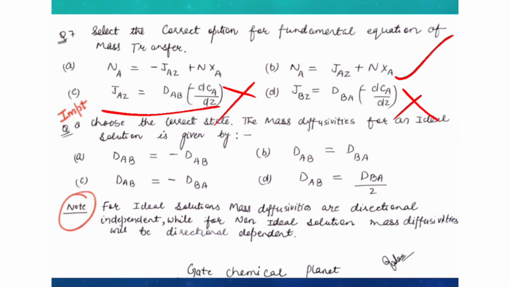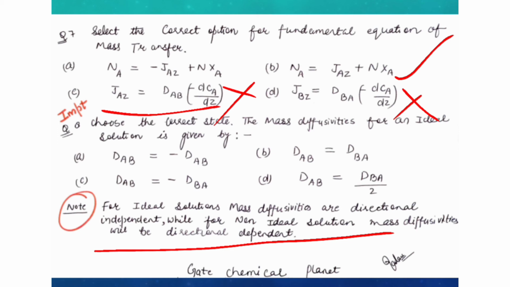So for an ideal solution, it is important to note here that the mass diffusivities are directional independent. So for an ideal solution, what is the condition? The mass diffusivities are directional independent, while for non-ideal solutions mass diffusivities will be directional dependent.